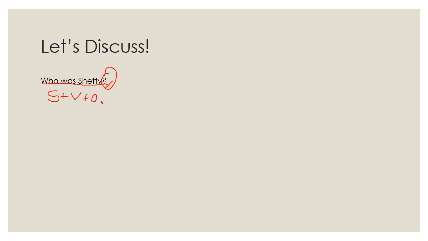Now, in order to make it a sentence or an answer, we simply do not have to look at the word who. Why? Because it forms the question. So we'll begin with our subject.